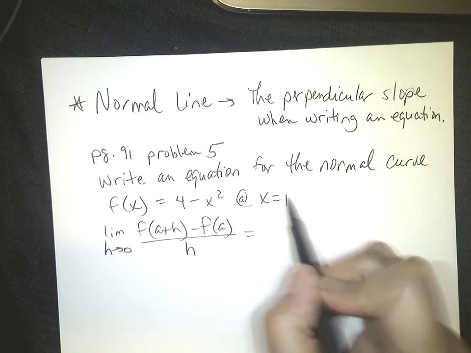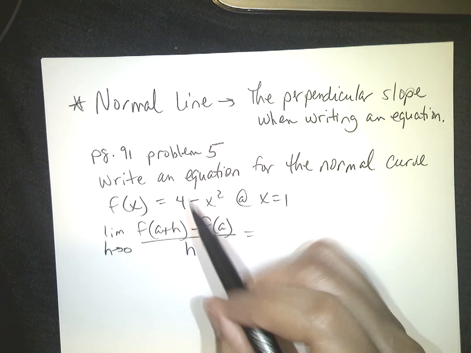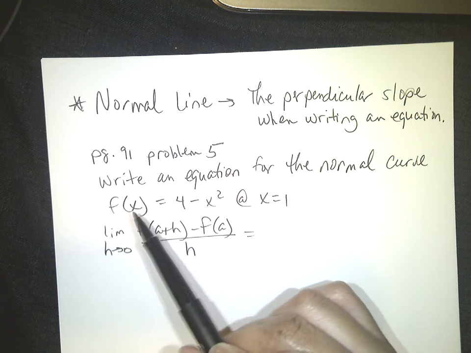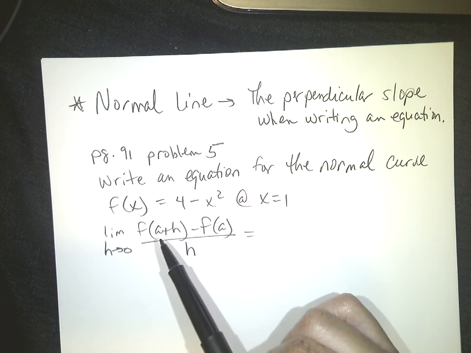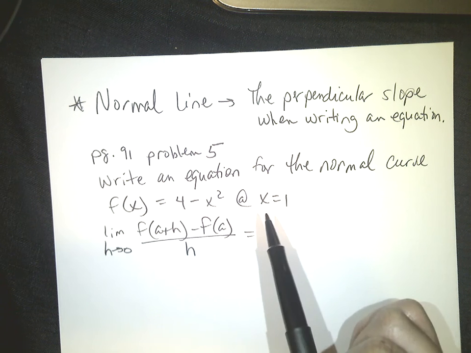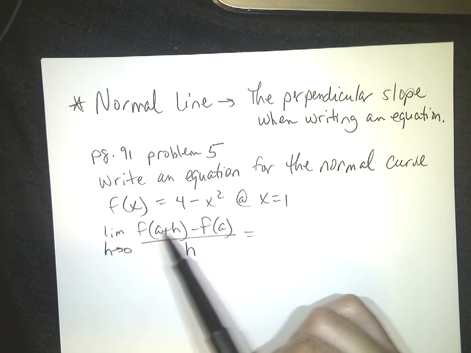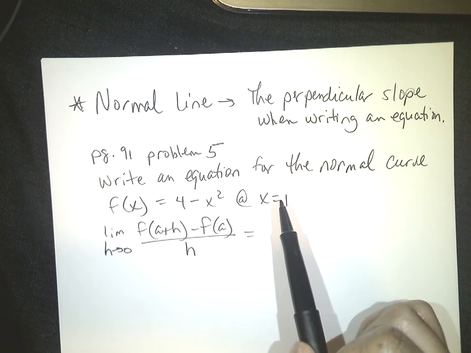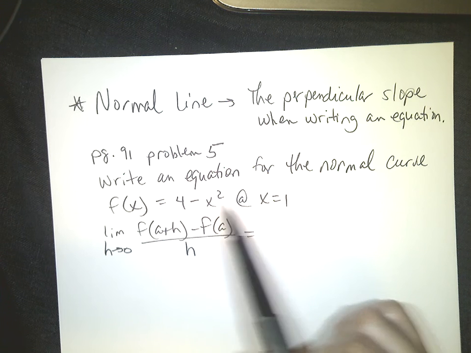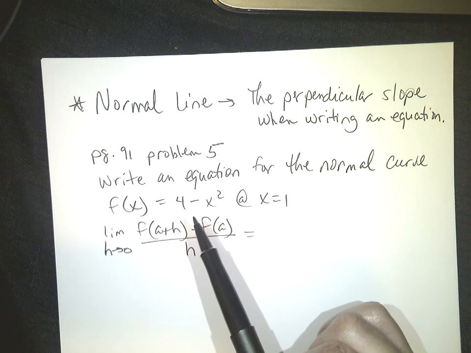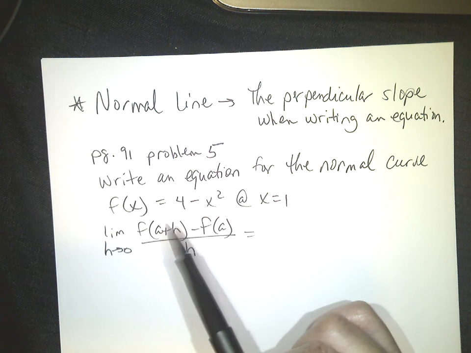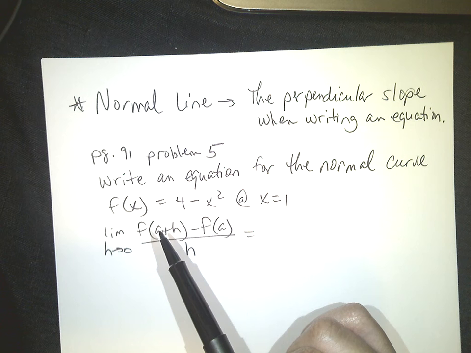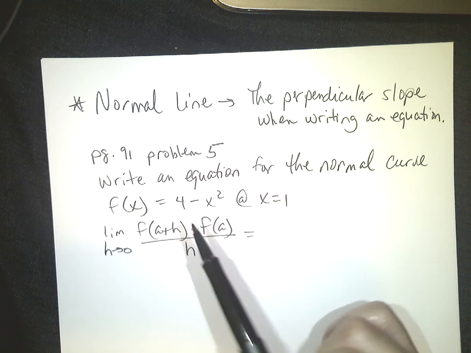We have x. X is what? X is 1. And x is a when it's given. When x is not given, you have to substitute a into the curve. But when x is given, you substitute what x actually is into the curve when you're substituting a plus h.